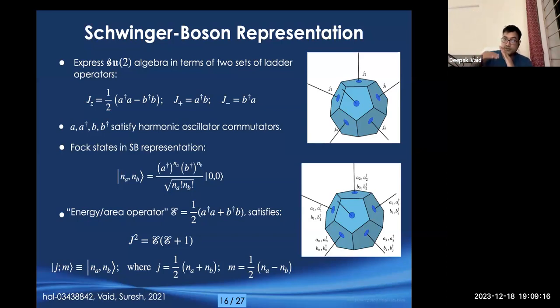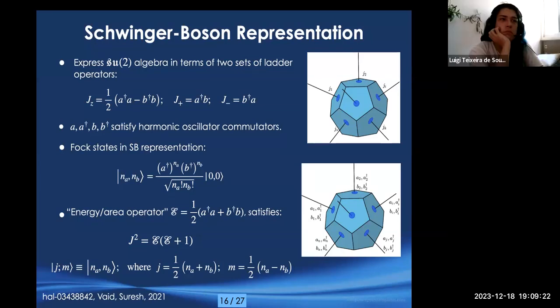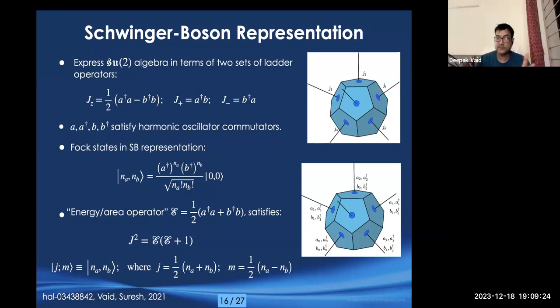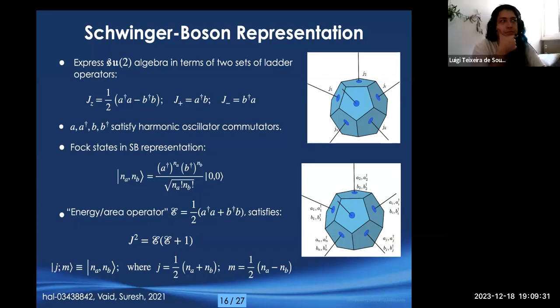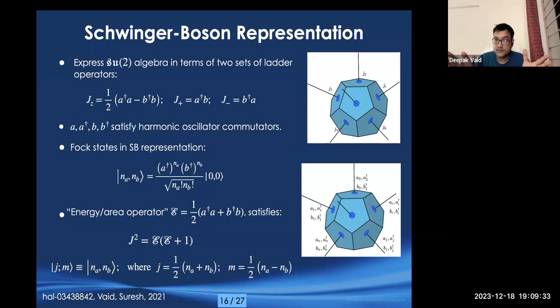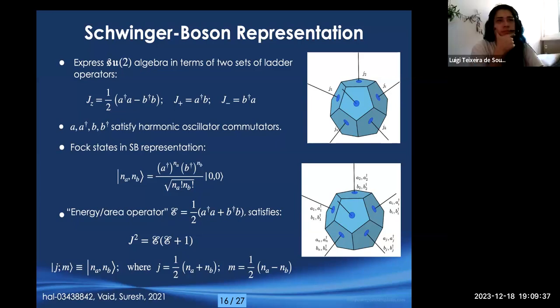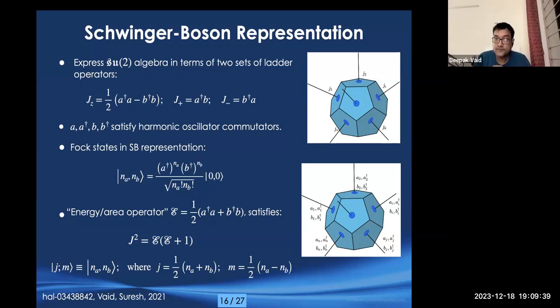Right? So SU2, there is a finite number of states, right? If j is equal to half, you have two-dimensional Hilbert space and so on. If j is equal to 1, you have a three-dimensional Hilbert space. But the state space of the harmonic oscillator is infinite dimensional, because NA and NB can be anything.